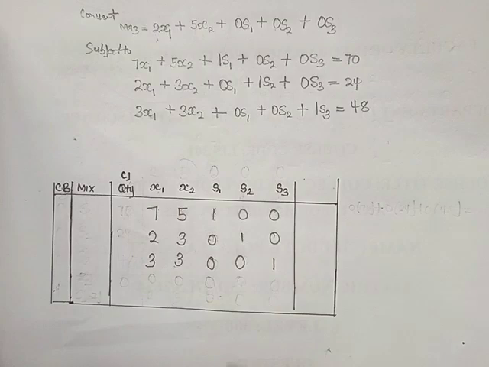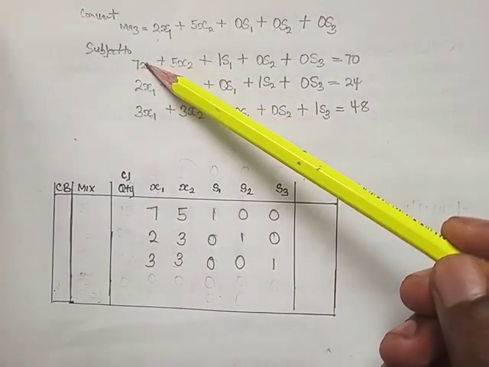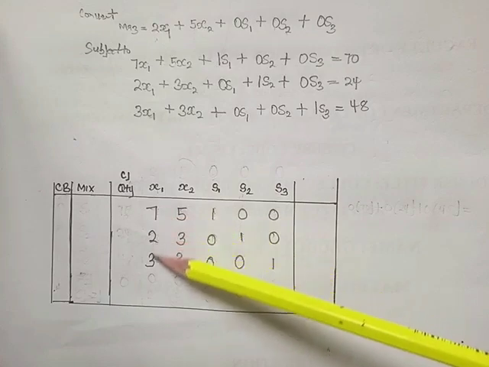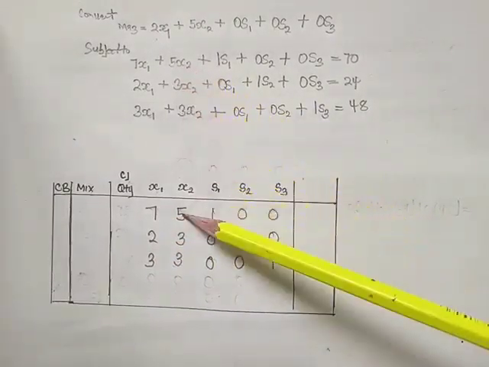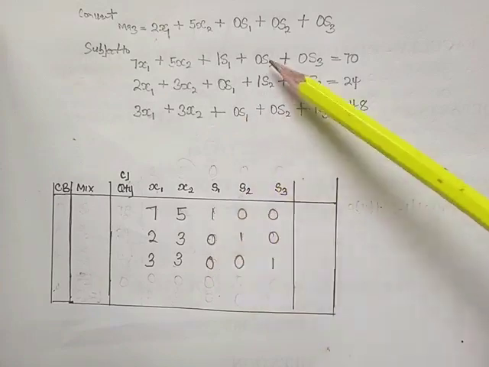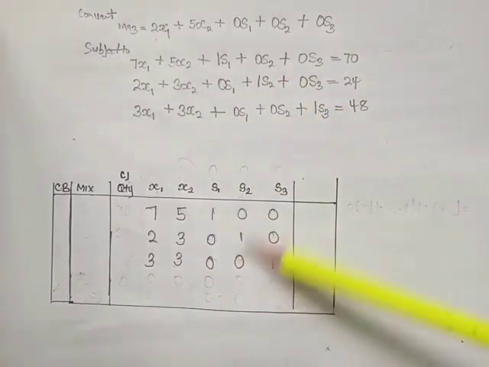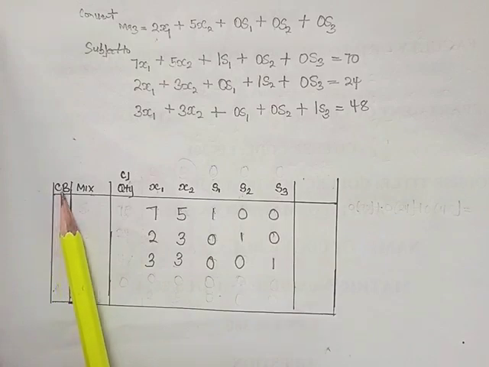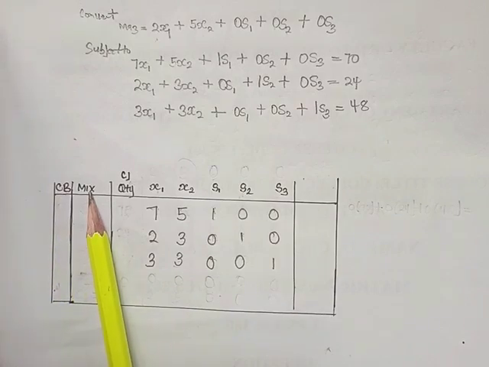Let's input it in the table. So our x1 is 7, 2, and 3. And for our x2 is 5, 3, and 3. So this is our S1, this is for our S2, and this is for our S3. Now, the CB means the coefficient of the objective function, which is the max. This is the solution mix.